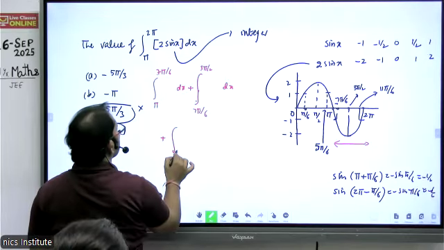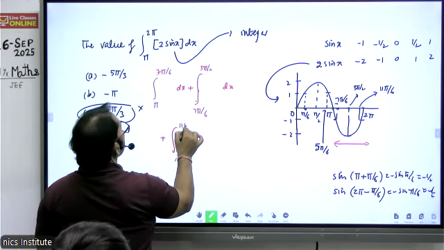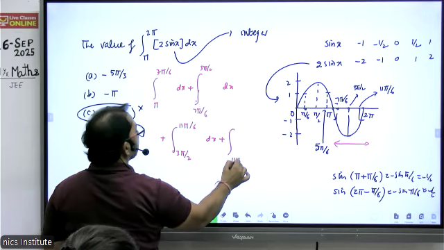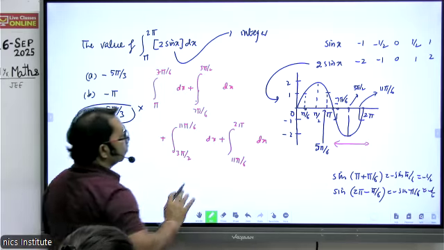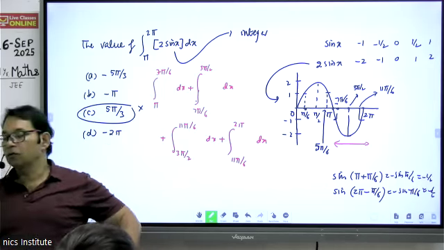Then 3 pi by 2 to 11 pi by 6. And 11 pi by 6 to 2 pi. लिमिट हमेशा x की होंगी, वैल्यू हमेशा इसकी आएगी. एक बार ये देख लो.